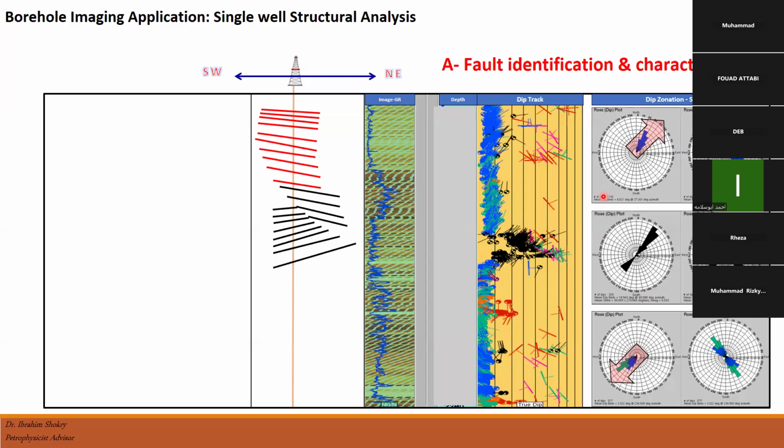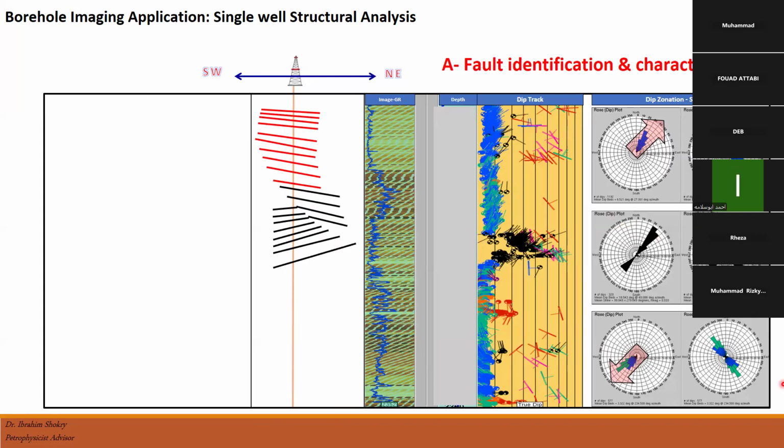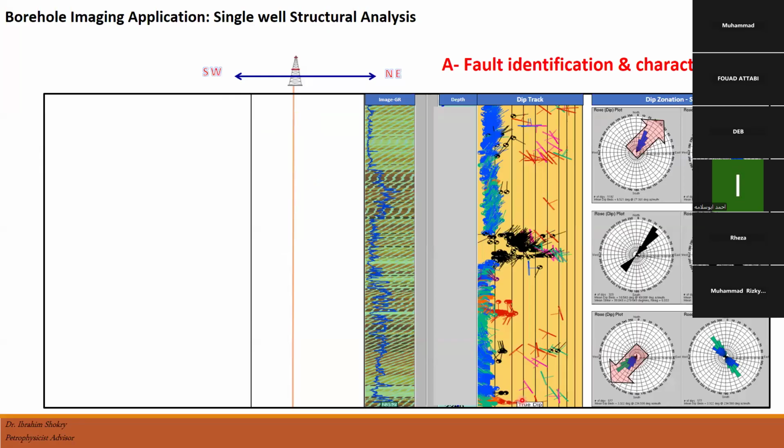So this is an example of single well structural analysis. We can see here in the lower zone, the bedding looks close to flat dipping, with a dipping direction to the southwest, and the dip angle does not exceed 5 degrees.